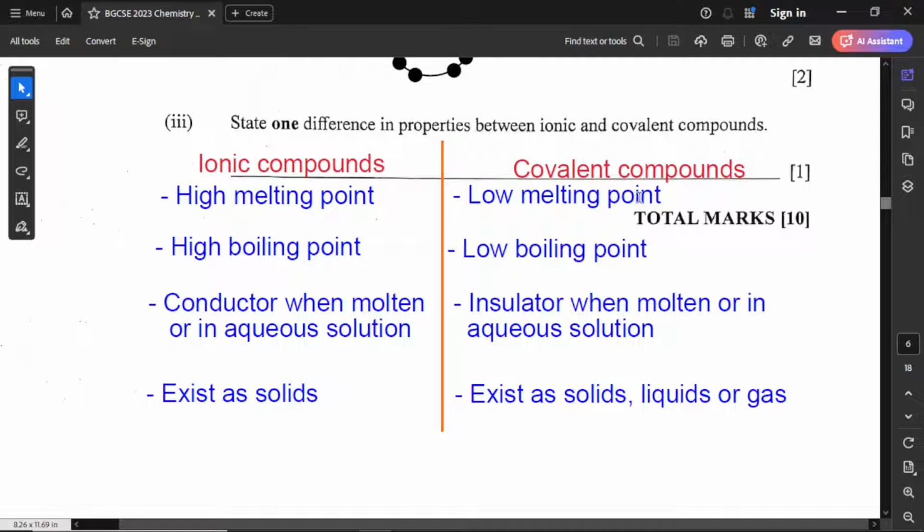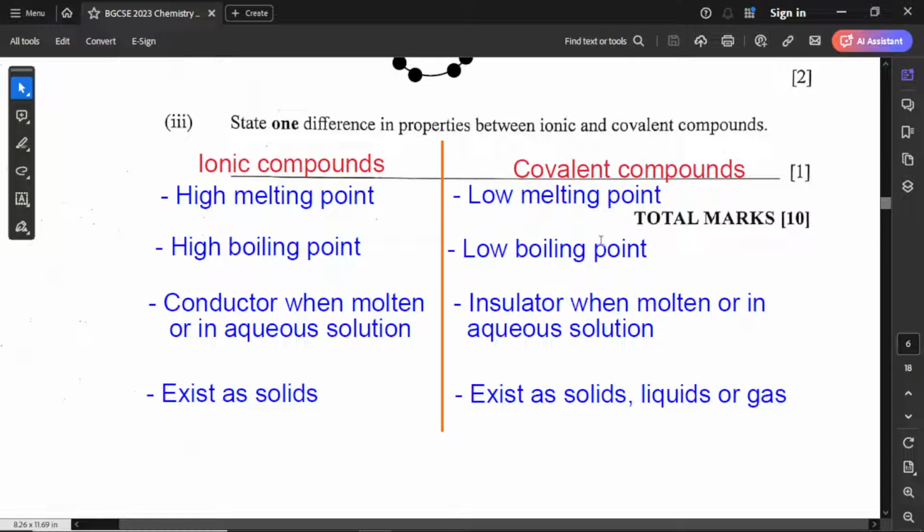For part 3, it says state one difference in properties between ionic and covalent compounds. I give you a number of differences right here. For ionic compounds, we have high melting point, and low melting point for covalent. We have high boiling point, and low boiling point for covalent. Ionic compounds can conduct electricity when molten or in aqueous solution.